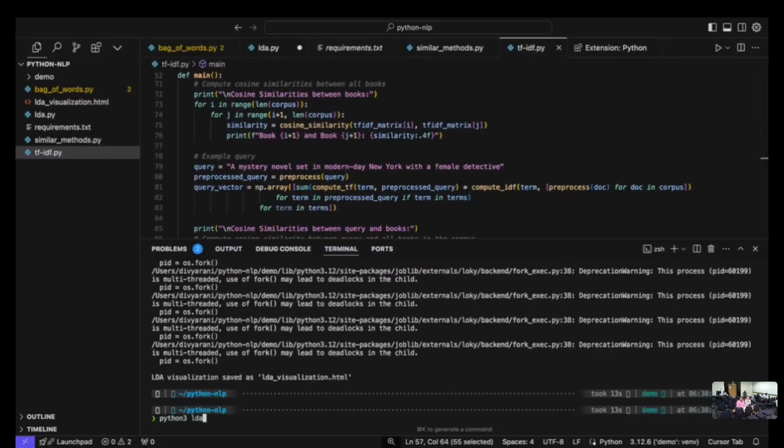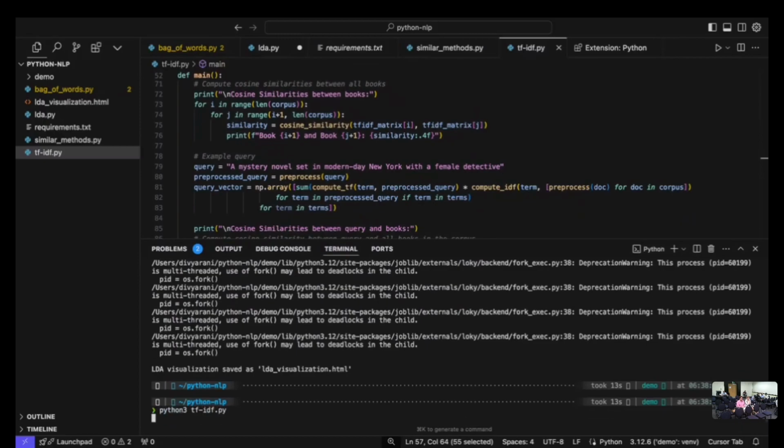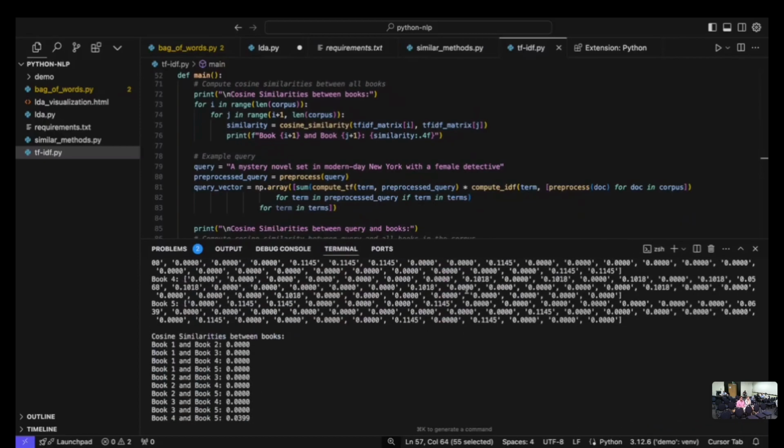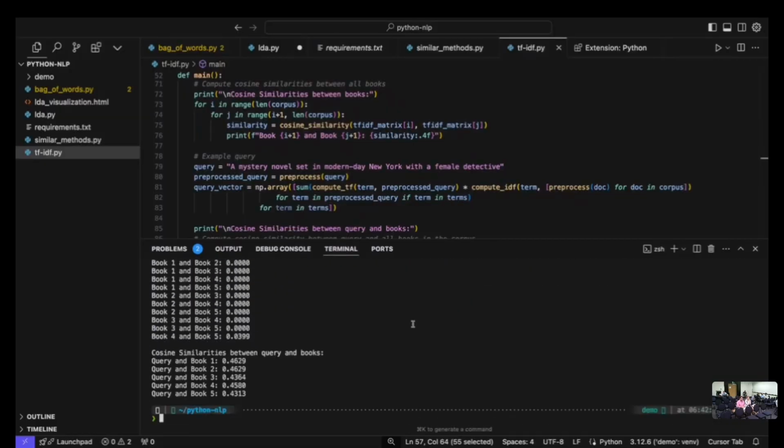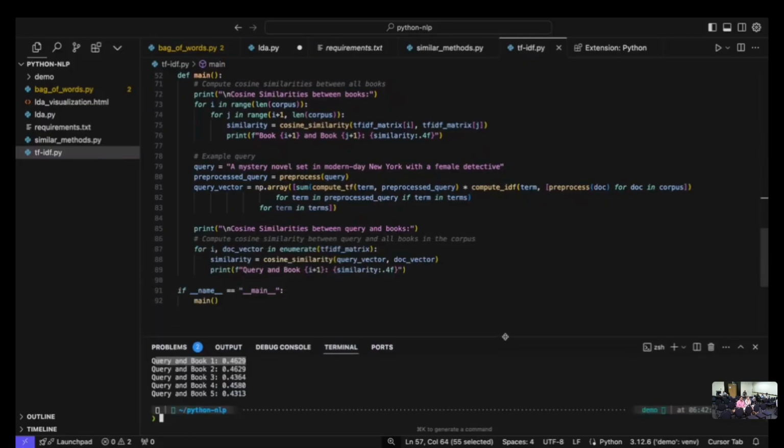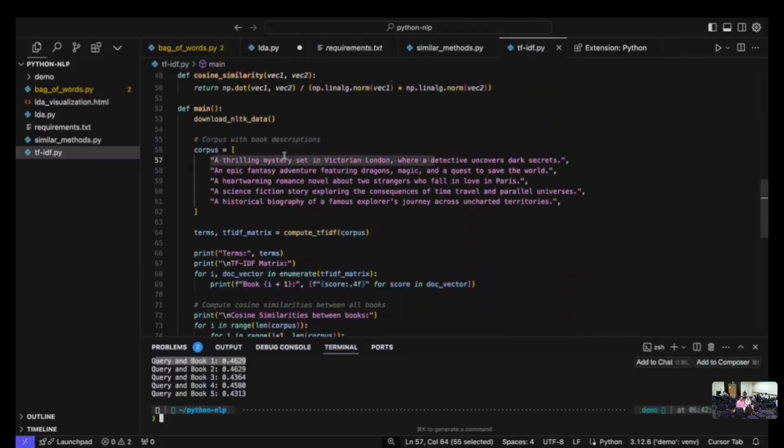So now with the query and book one, it seems that they are much more similar. So we will see what the query is: a mystery novel set in modern day New York with a female detective. And we see what book one is: a thrilling mystery set in Victorian London, uncover dark secrets.